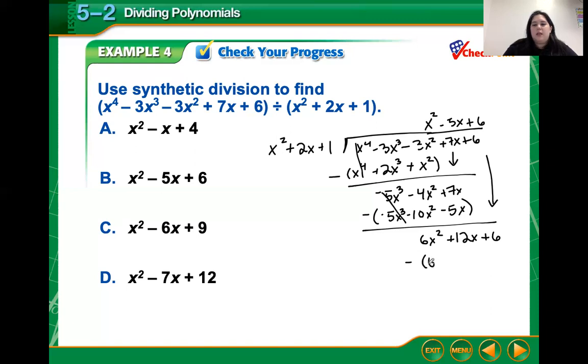When we do that, we get 6x squared, 6 times 2 is 12, so plus 12x, and 6 times 1 is 6, so plus 6. I see that they all cancel out, so I'm left with 0. So my answer is x squared minus 5x plus 6, which is B.